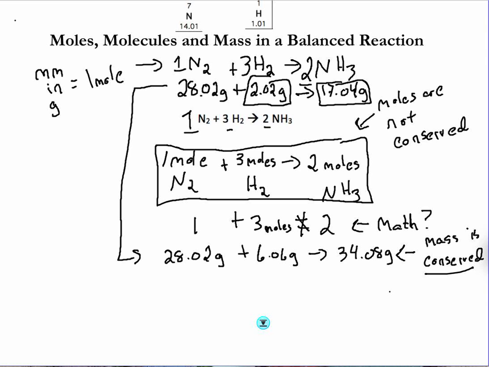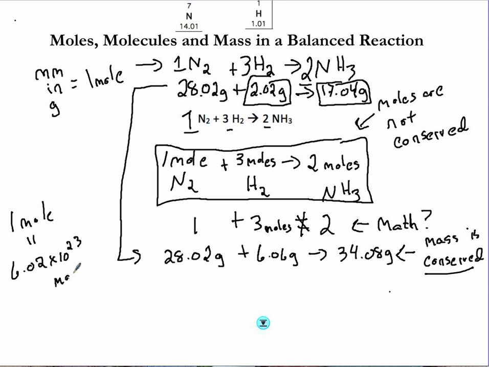Okay, so the last point we're going to make here is we're going to make the connection to molecules, and we're going to say that we know that 1 mole is equivalent to 6.02 times 10 to the 23rd atoms, or in this case, since all of these things have subscripts, molecules, right?